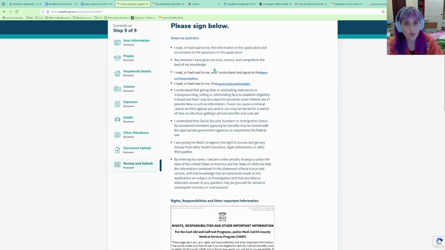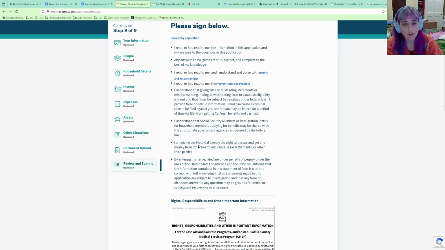Okay, so you would read through all your agreements, basically that you told the truth and that you agree, you understand your rights and responsibilities, you understand the program rules and penalties, which you should read over, and that your information may be shared with the relevant government agencies.